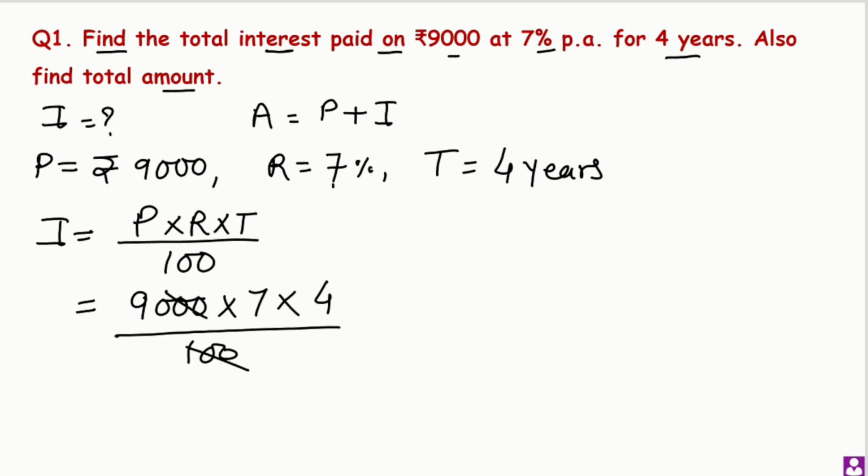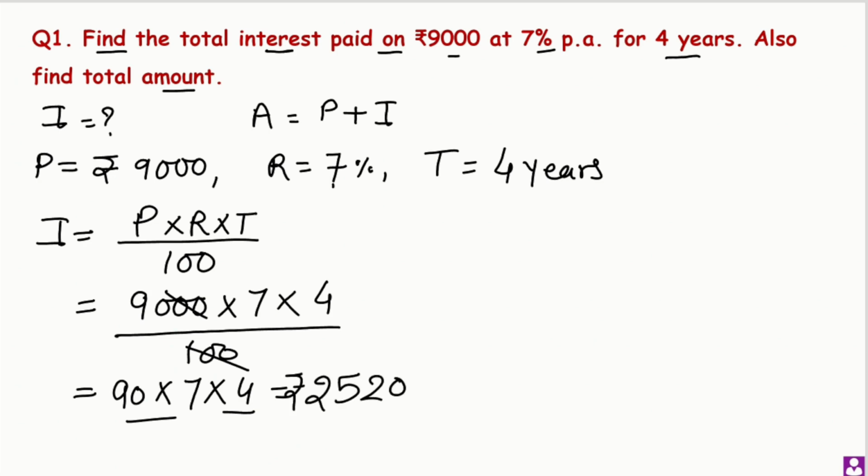This 20 will be cancelled with these 20. So for the rest of the values we have 90 times 7 times 4. After multiplying these three quantities, we will get 2,520 rupees. So this much interest one has to pay on 9,000 rupees.